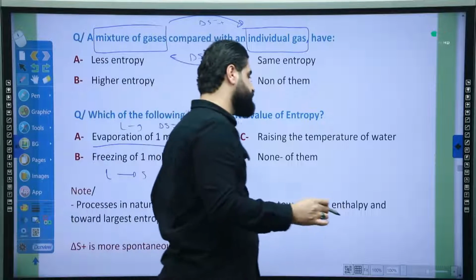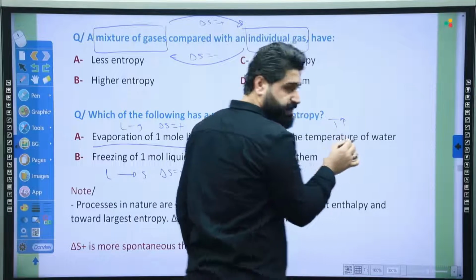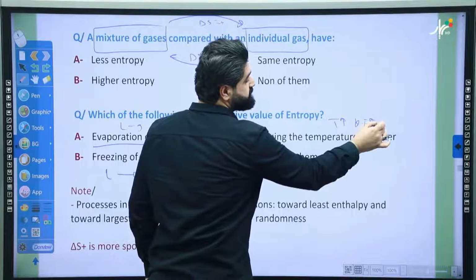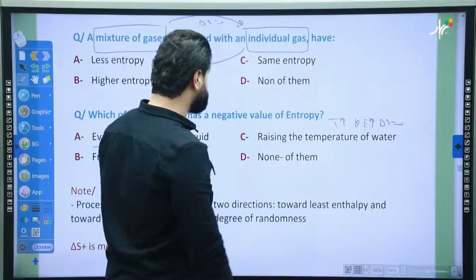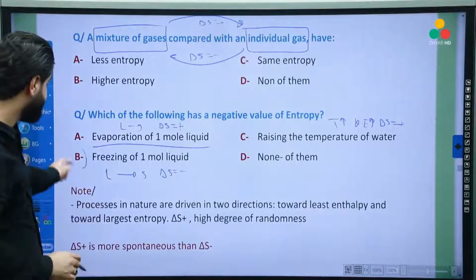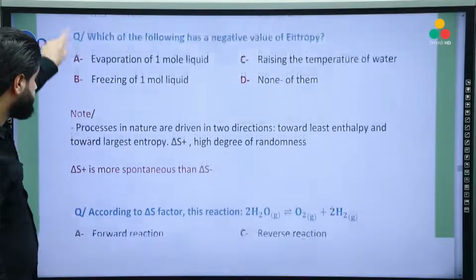Rising the temperature of water. If temperature increases, kinetic energy will increase, so delta S will be positive. None of the others, so the right answer is B.